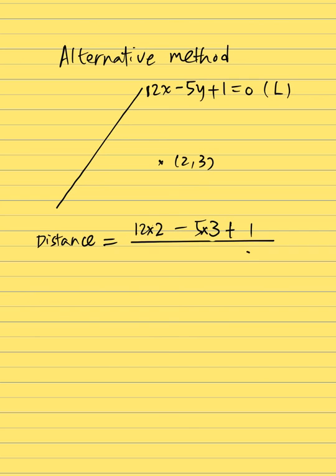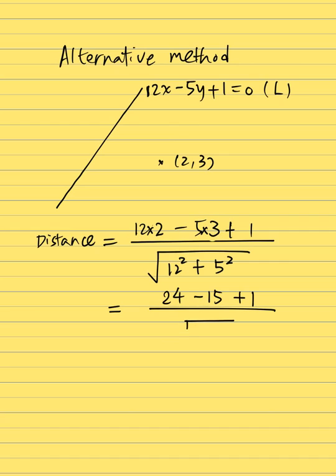And then the denominator is the square root of the coefficient of x squared plus the coefficient of y squared. Okay, we only take the positive distance. Now the numerator is 24 minus 15 plus 1, and the denominator is just square root of 169. We can get 10 over 13 easily.